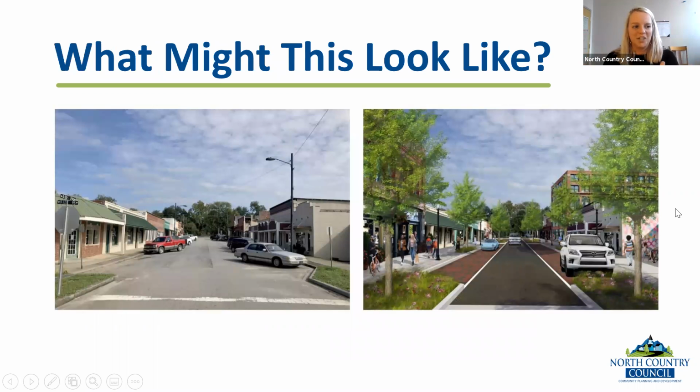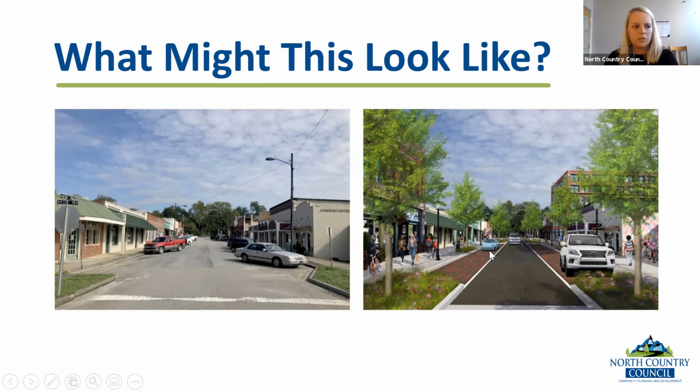So what does all this stuff kind of look like? I found this really fantastic example of a street here and having it reimagined, adding in complete streets elements. So we can see there's lots of greenery that didn't exist before. We got new lighting fixtures.